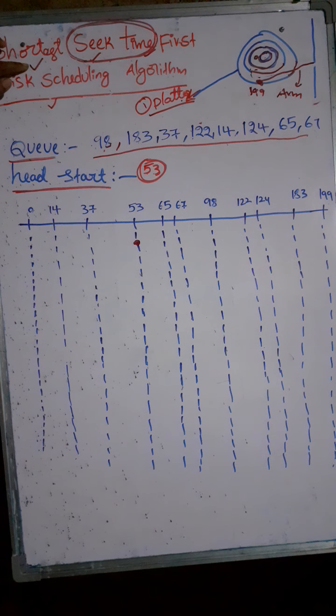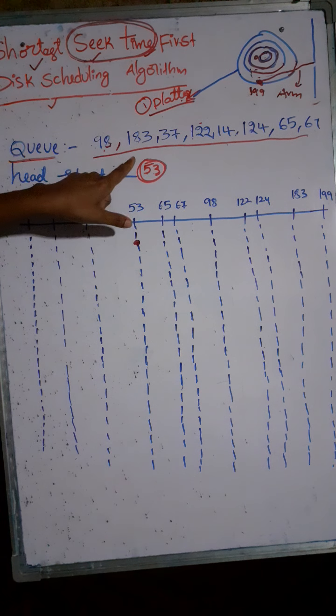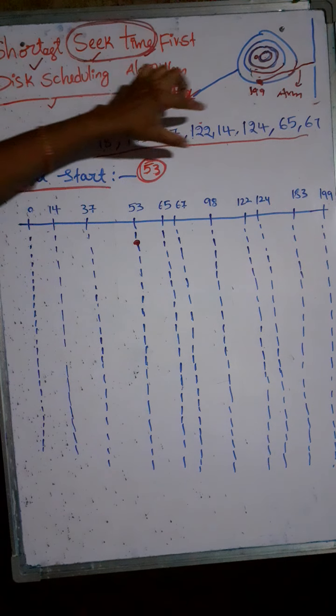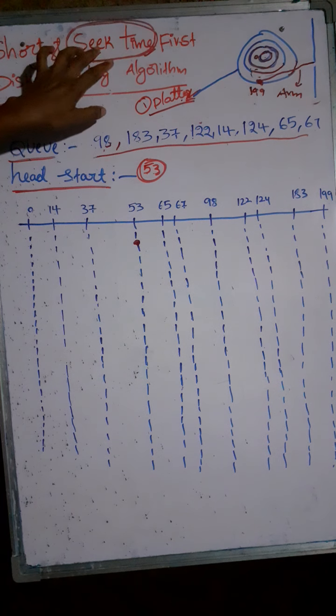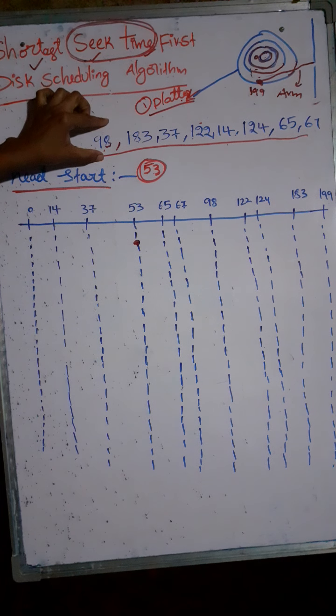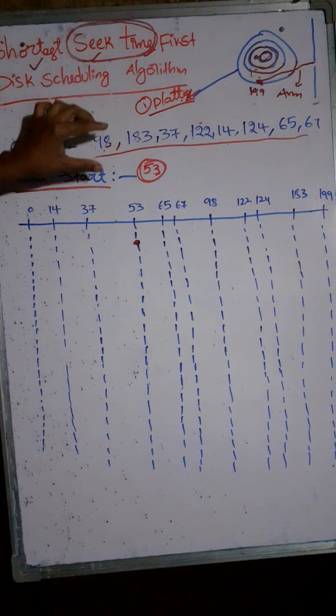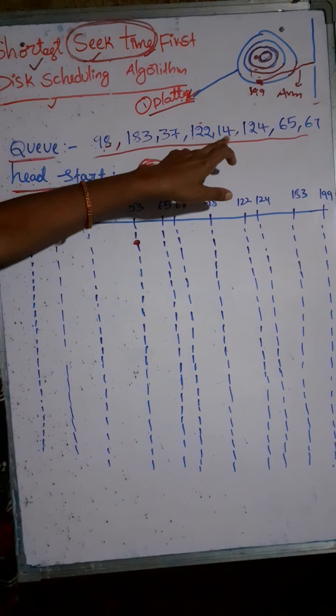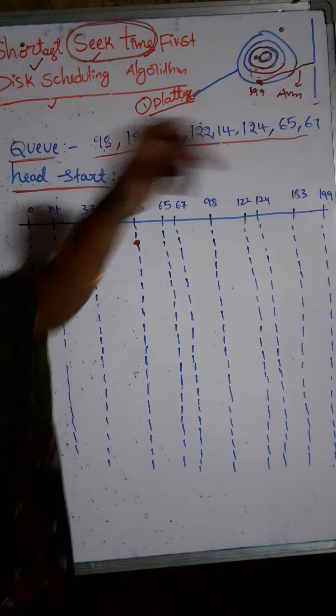In the shortest seek time first scheduling algorithm, the algorithm will choose one request among these requests. In order to choose the request, it will select the request which has the shortest seek time.